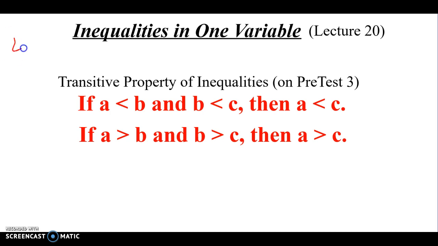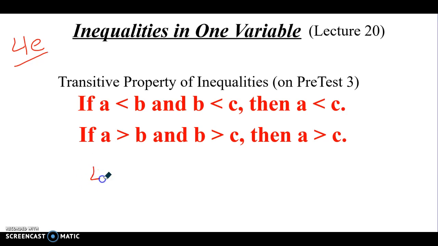This is 4E on your pretest, the transitive property of inequalities. You actually learned the transitive property of equality in geometry. Remember, A equals B and B equals C, so therefore A equals C. It's the same thing. It's just less than signs.